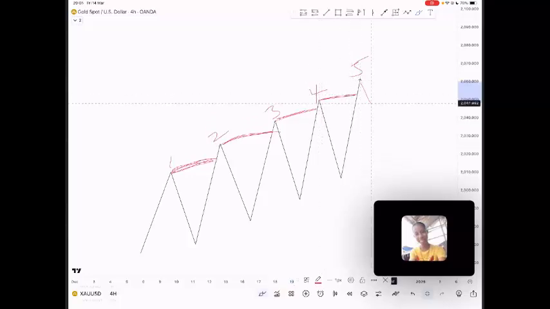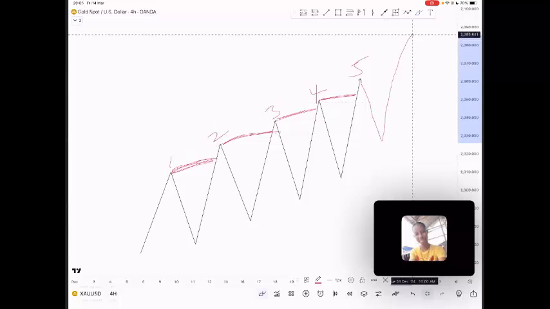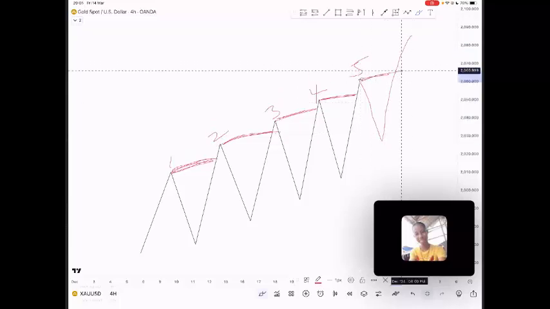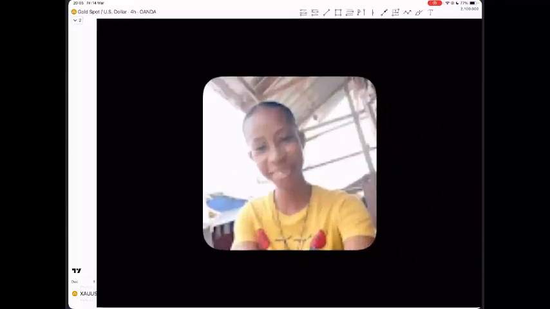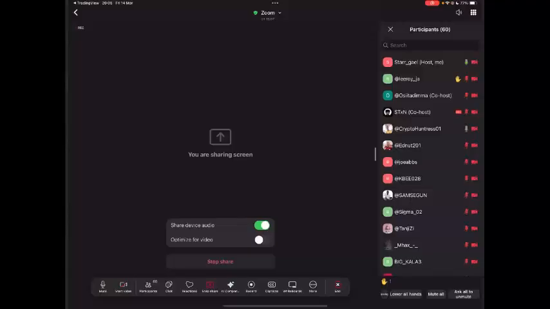And even if six is created and six goes above five, it is a break of structure. So when price puts in new highs in an uptrend, that is a break of structure. And when price puts in new lows in a downtrend, once two goes below one, break of structure. Low three goes below low two, break of structure in a downtrend. So whenever price is putting in new lows in a downtrend, that's what we call a break of structure.